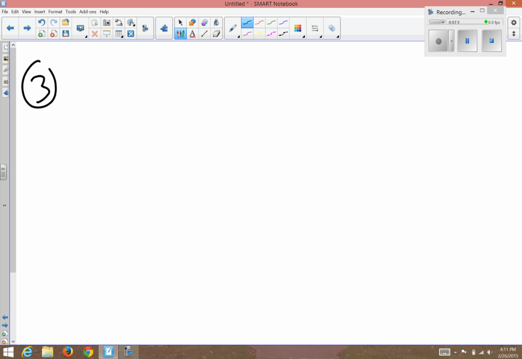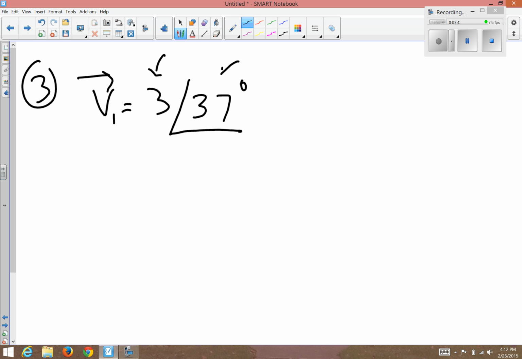Here's another way to represent a vector. A vector could be represented 3, and then in this slanted bracket thing, 37 degrees. When a vector is written like this, the number out here is the magnitude, and this number is the angle that the vector makes with the positive x-axis. 37 degrees would be in the first quadrant.